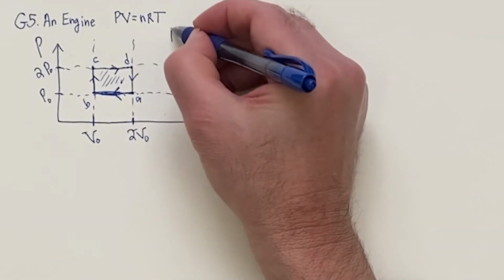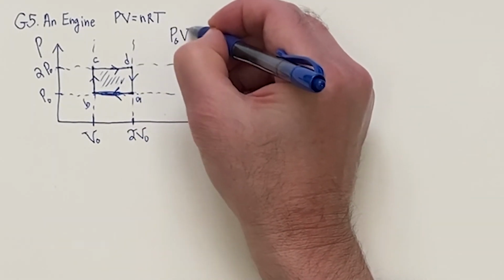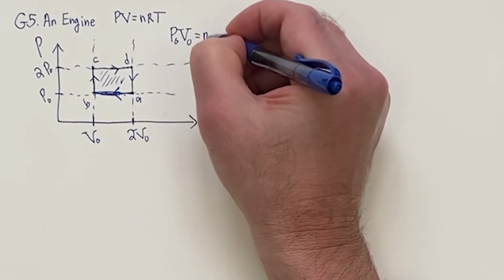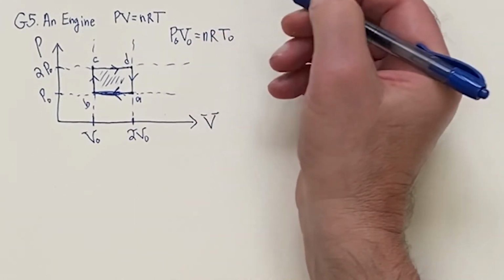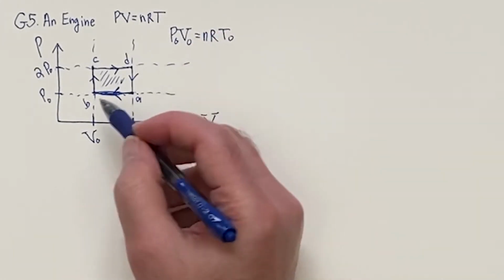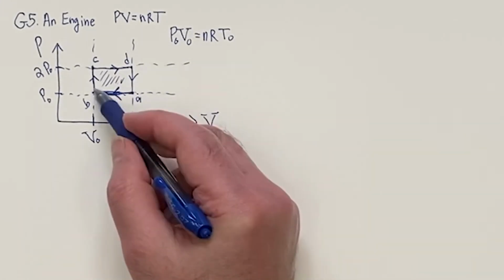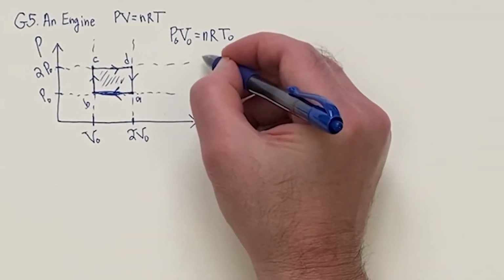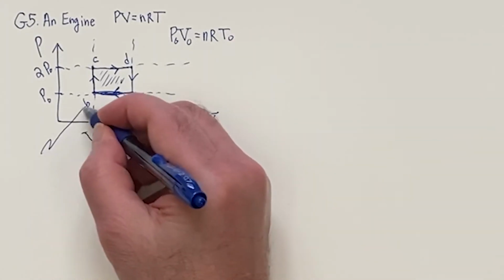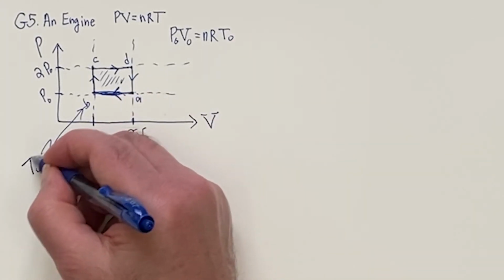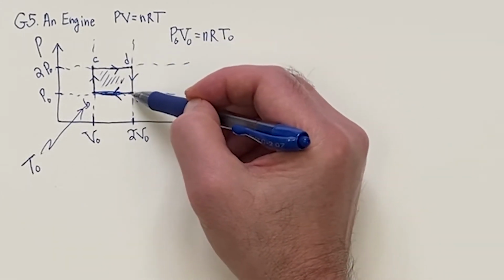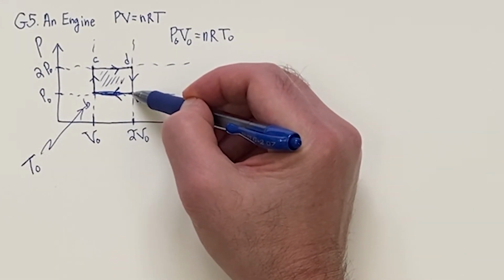And the ideal gas law means P naught V naught is nR T naught. And that gives us all information at point B. So at point B, you have temperature T naught. But notice what happens if the volume doubles.